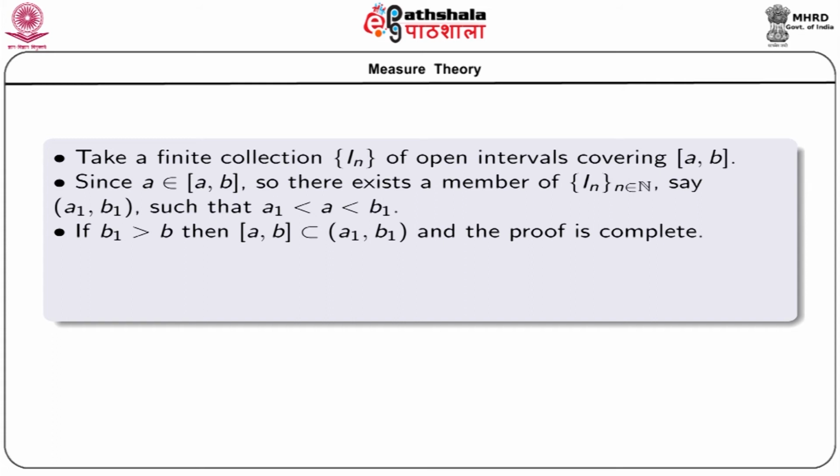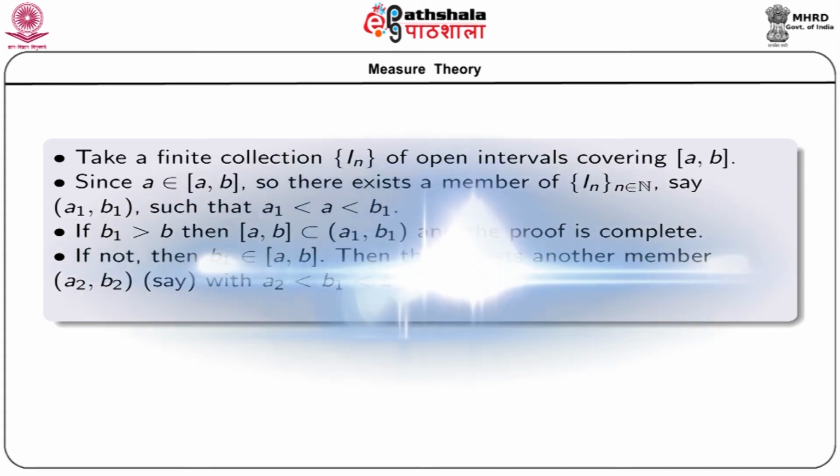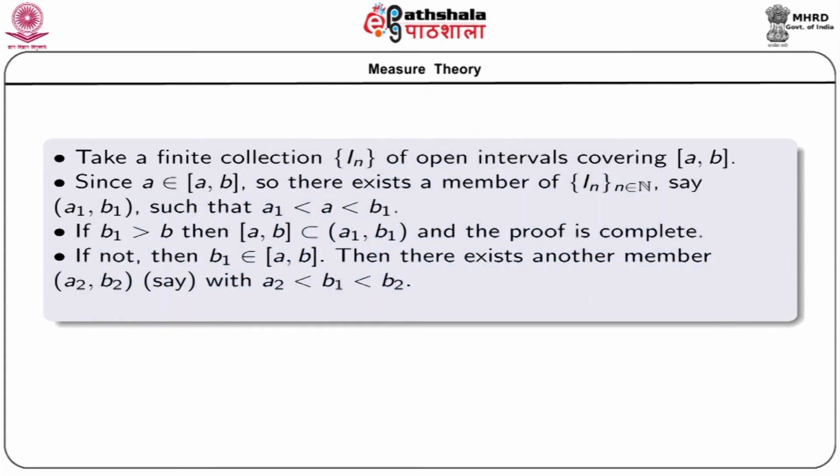If b1 is greater than b, then we have closed interval a b subset of open interval a1 b1, and obviously b minus a is less than b1 minus a1, and the proof is complete.